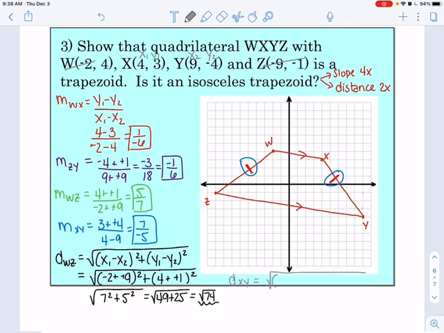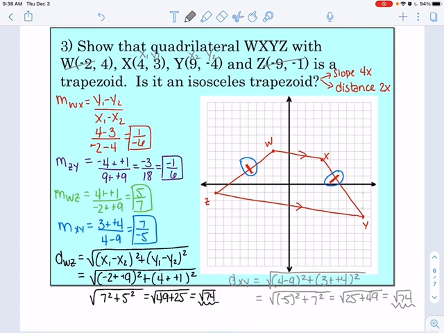So I am going to have 4 minus 9 squared plus 3 minus -4 squared. Again, doing what's inside those parentheses, I'll have a -5 squared. And again, keep, change, change, or add the opposite. 3 plus 4 will be 7 squared. 5 squared is 25. 7 squared is 49. And again, when you add 49 and 25, you'll get an answer of radical 74, which is the same exact thing that we got for WZ.